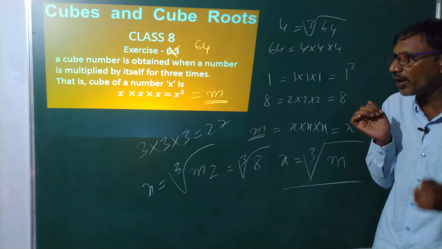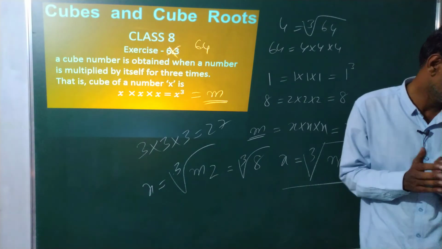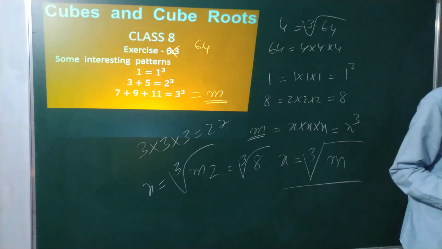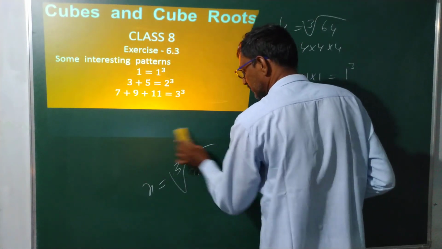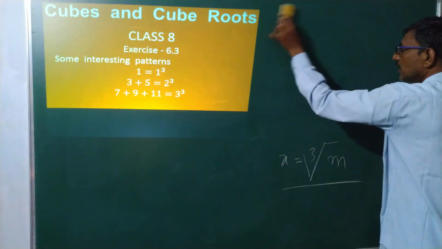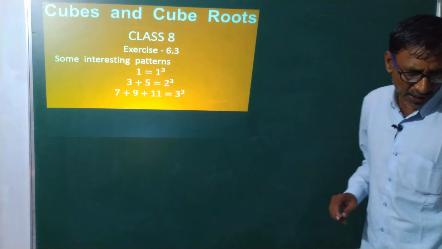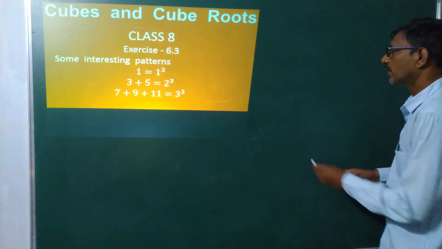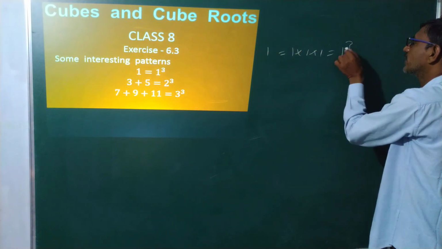Now, we are going to see some interesting patterns of cubic numbers. Here I give a best example. See, already explained, 1 is nothing but 1 into 1 into 1, that is equal to 1 cube.